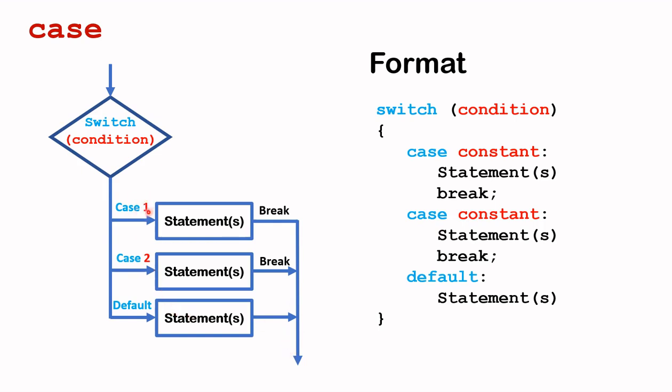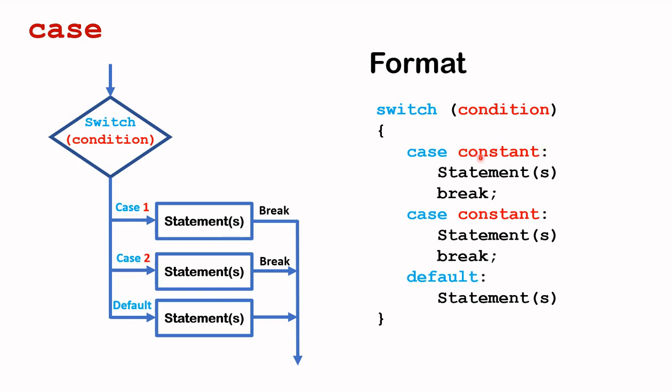Now, if none of the constants matches with the condition, then the statements attached to the default case would be executed. And then when that is done, it will just exit. Now the format, the C code rather, is shown here, and here's the switch with the condition, and within the curly brackets we have all the cases including the default.